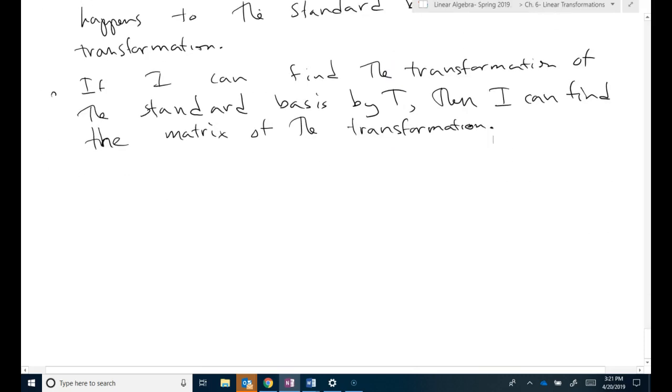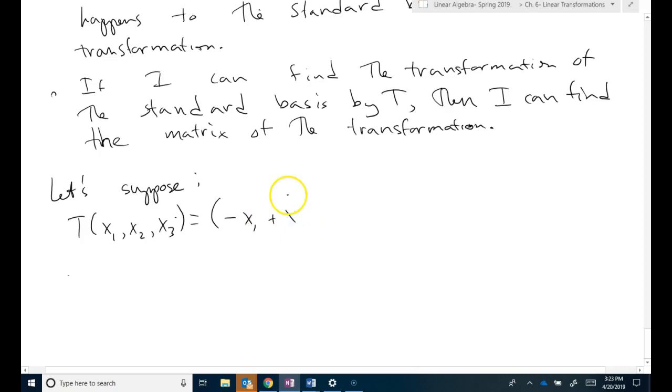So let's consider an example. Let's suppose that I have T of x1, x2, x3, and that's going to equal negative x1 plus 3x3, negative 2x3, 2x1 plus 5x2 minus 9x3, and negative 7x1 plus 5x2.